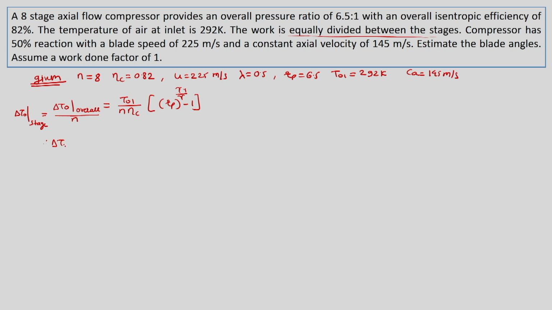So we can find out delta T naught stage, and it is equal to 292 divided by 8 stages, compressor efficiency 0.82, pressure ratio is 6.5, bracket raised to 0.4 divided by 1.4, minus 1.